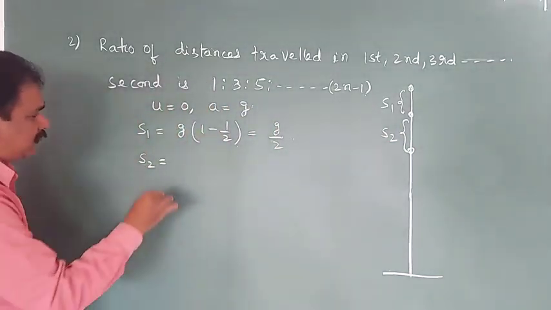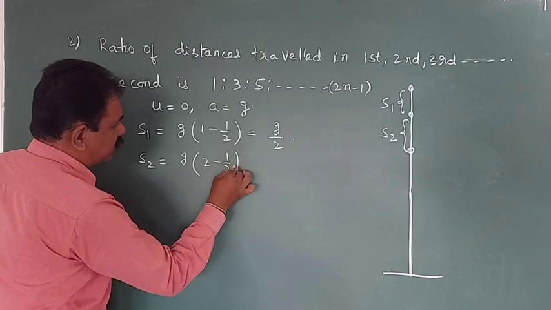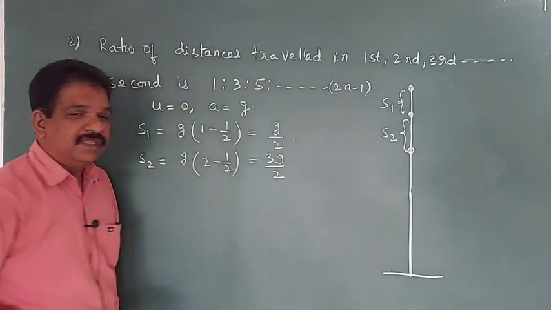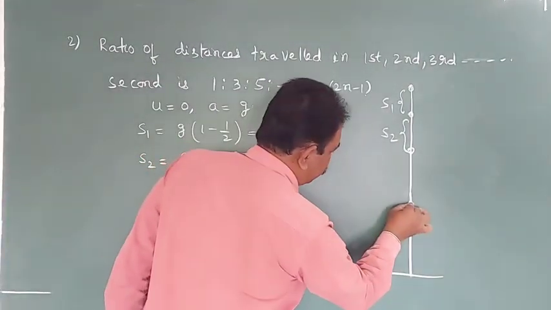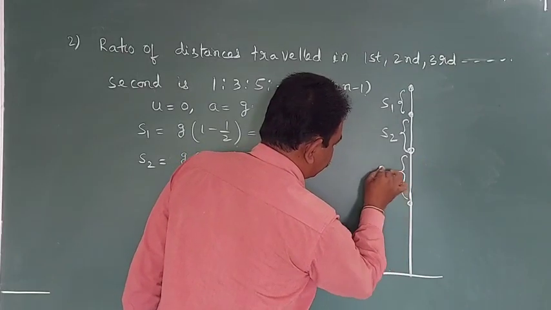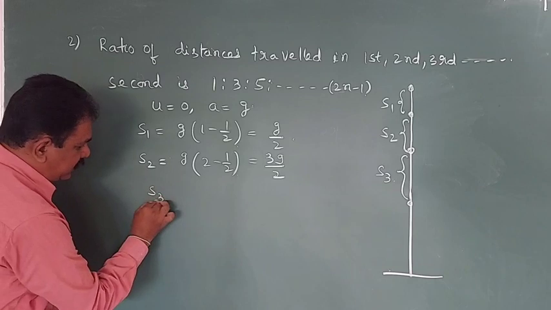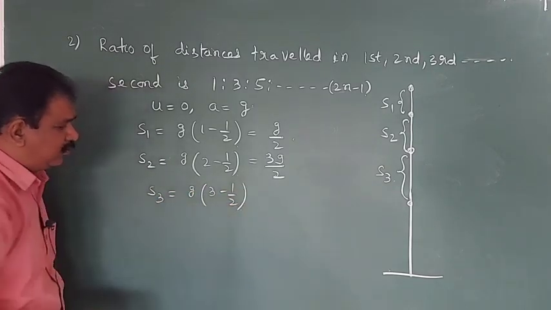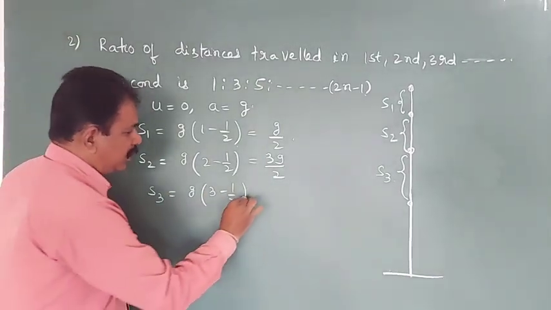Then s2 is equal to g into 2 minus 1 by 2. This value is equal to 3g by 2. In the third second, it traveled this distance. So s3 is equal to g into 3 minus 1 by 2, so 6 minus 1 means 5g by 2.